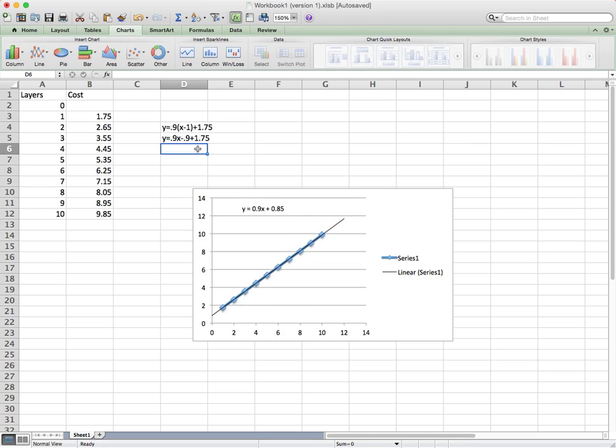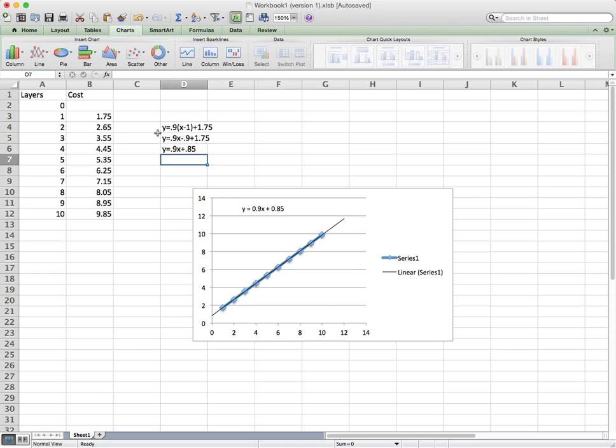So these are actually the same equation. Y equals 0.9x plus 0.85 after combining like terms. So again, it wasn't that your equation was incorrect. It was just some of you did not take into consideration we had to subtract this 1, right?